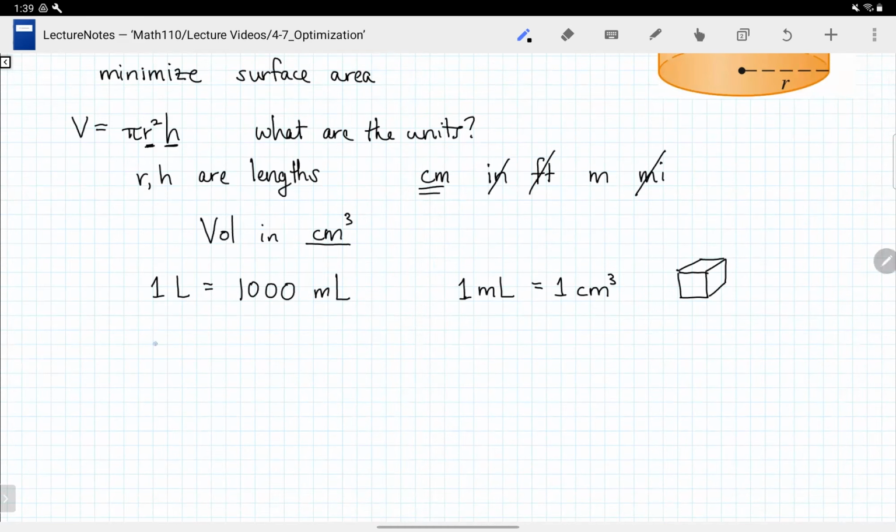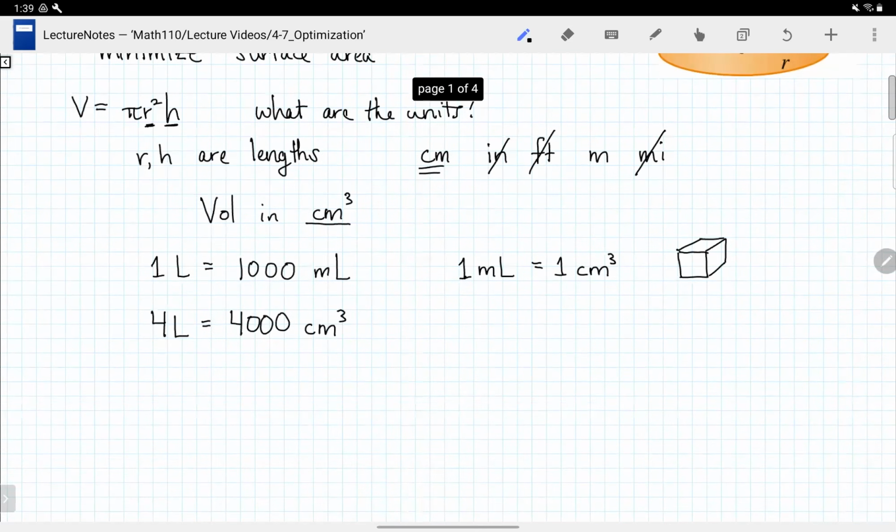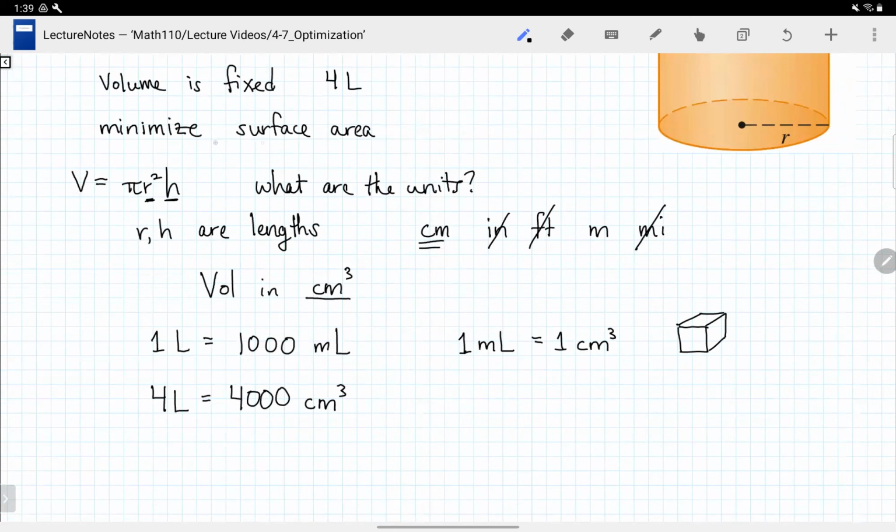So that tells us that the volume of 4 liters is the same as 4,000 milliliters, which is the same thing as 4,000 cubic centimeters. So now our problem is we need to minimize the surface area with a fixed volume of 4 liters.